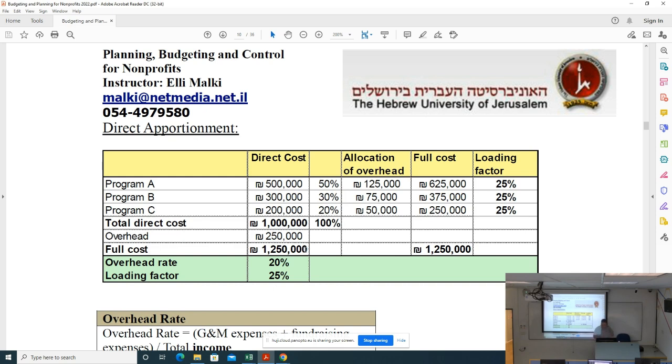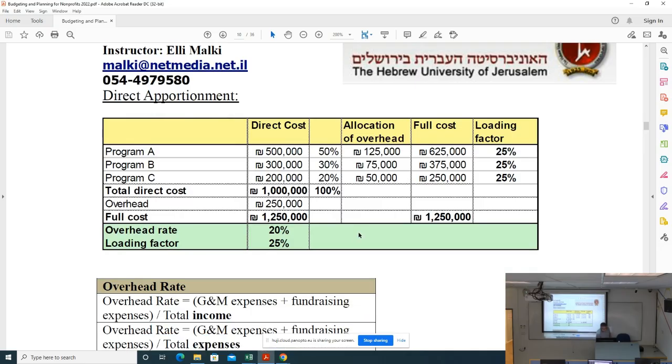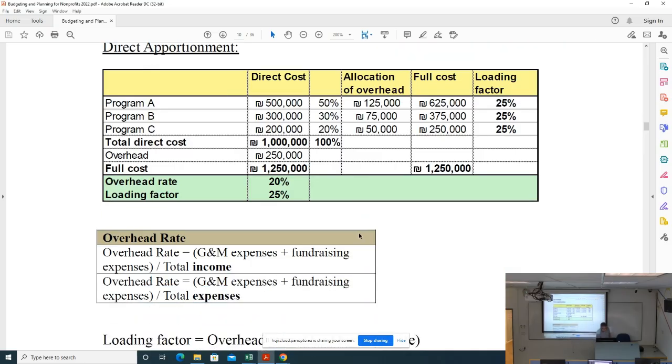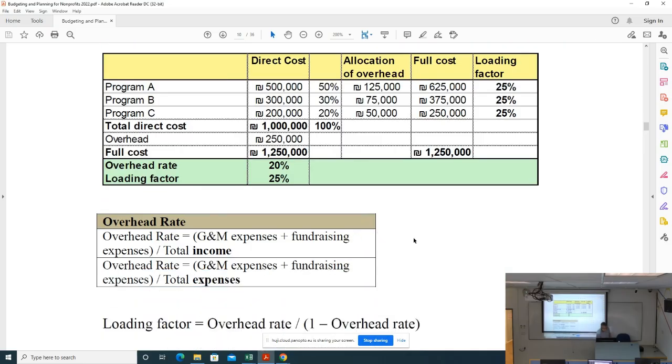And in order to understand that, we will look at certain definitions, which appear here. So I will now introduce a term which is called the overhead rate.